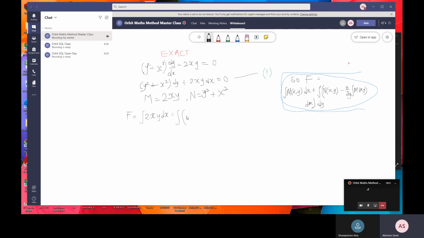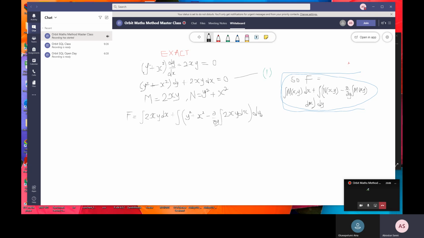My n is y squared plus x squared, minus d dy of the integral of m dx, that's 2xy dx, close bracket, with respect to what? y.